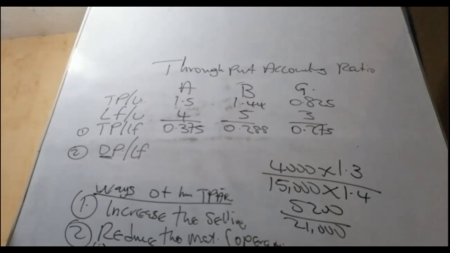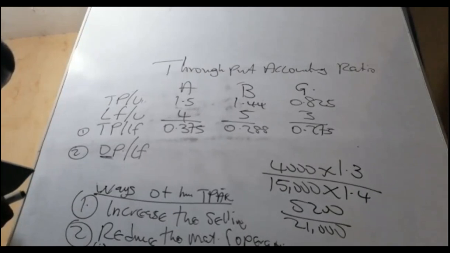And that will give us 5,200 divided by 21,000. That will be 0.248.